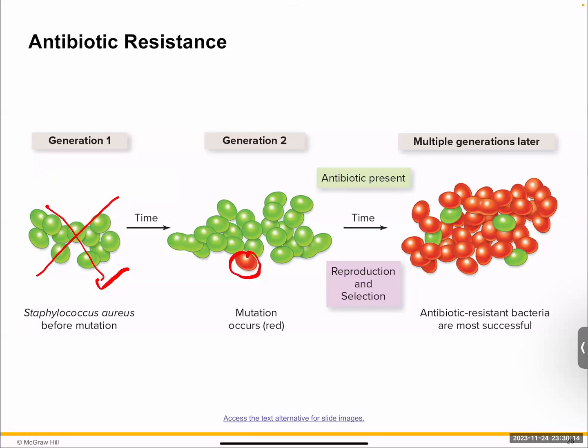It's represented with red, and that mutation gives it the capacity to withstand the antibiotic. So when you introduce the antibiotic into this population, most of the greens, if not all, are going to die off. And the only ones that are going to continue reproducing would be the red ones.